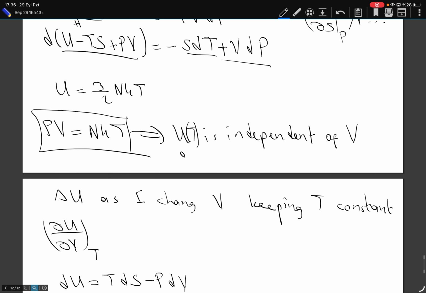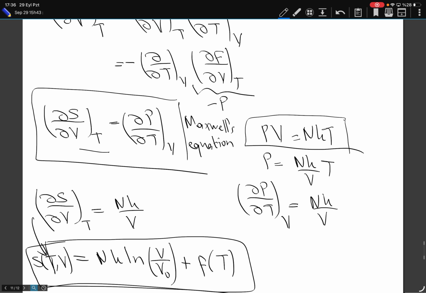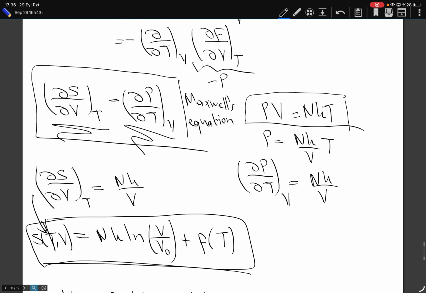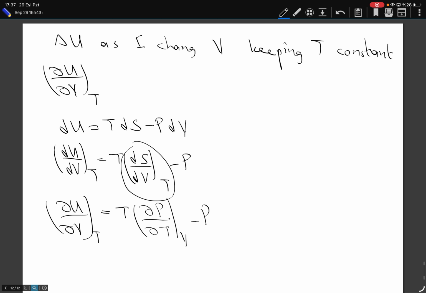You see, dS over dV at constant temperature should be equal to dP over dT at constant volume. Well, this equation should be valid for any system.